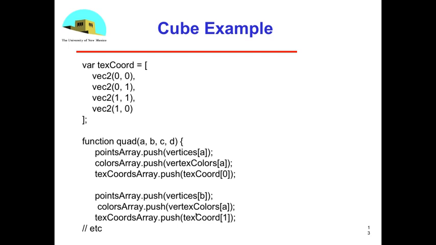We've seen all 3 examples. So again, the point here is just that by adding this one extra attribute, texCoord, I've added what I need to do texture mapping within the application, and now I'll just add the image as we did before.